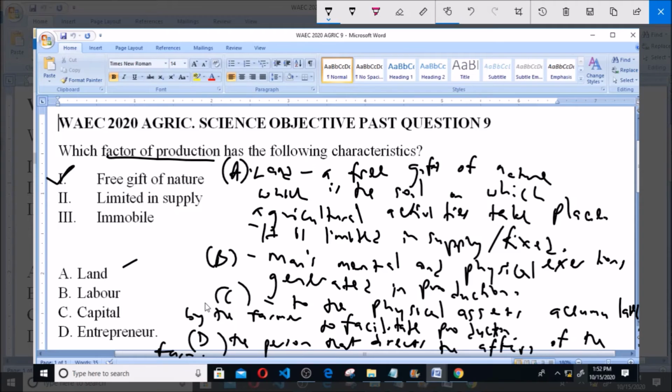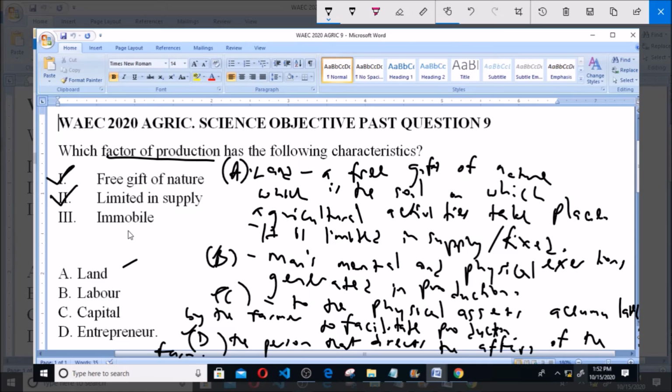Among the four factors of production, land is the only one that you can say is limited in supply, because once you have used land, you can't regenerate the land back. But for the other factors of production, labor, you can always hire another labor, you can always generate more capital, and you can always get an entrepreneur to manage the production process. So only land is limited in supply, so it also ticks that box.